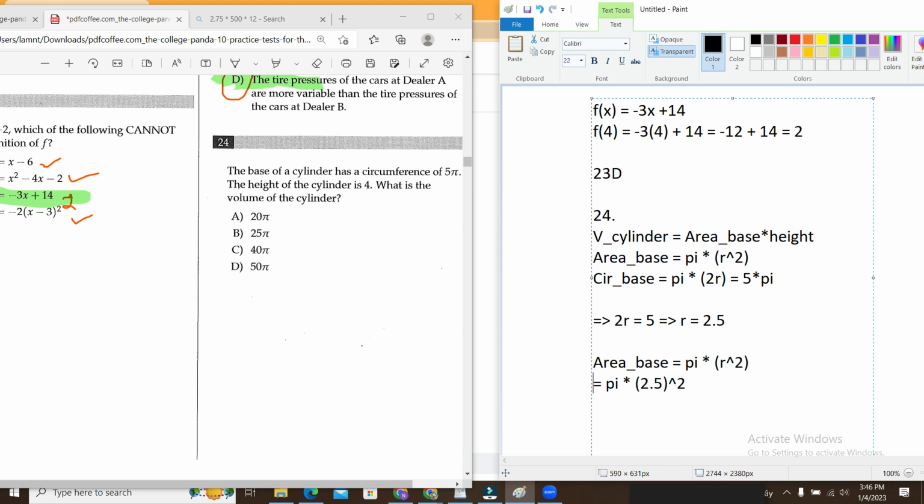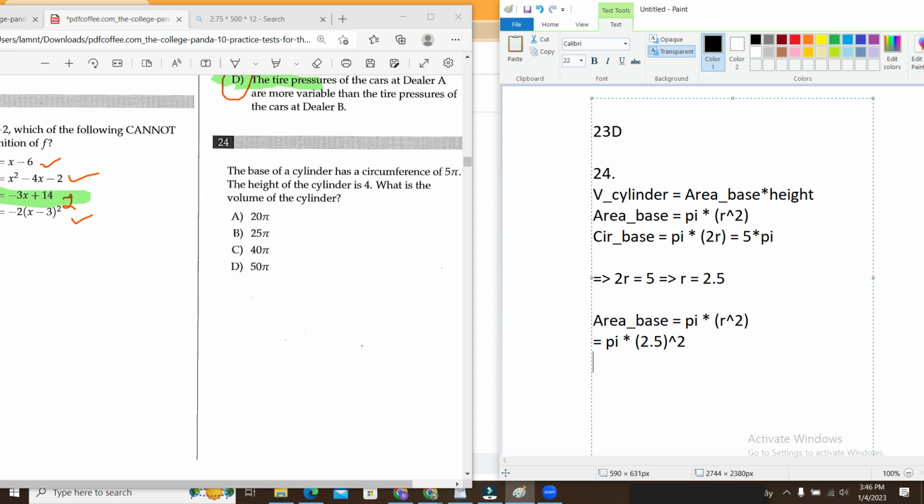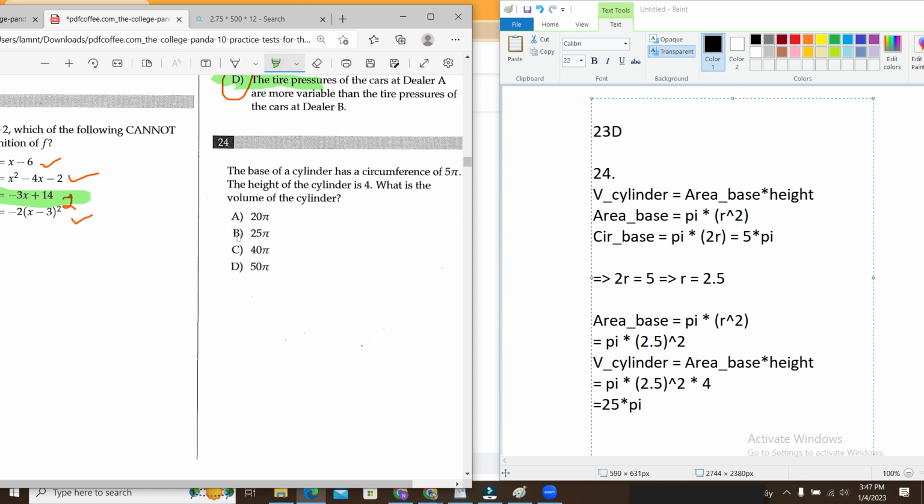Then the volume is going to be the area of the base times the height. So that is pi times 2.5 squared times the height, which is 4, and that's going to give 25 pi. So the answer should be B.